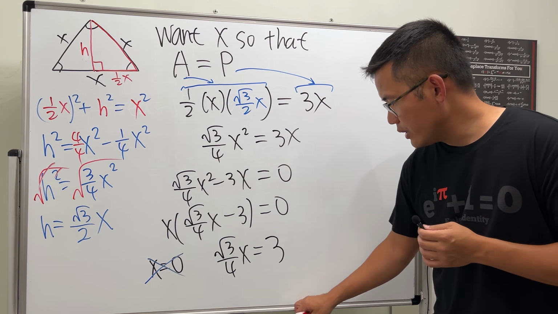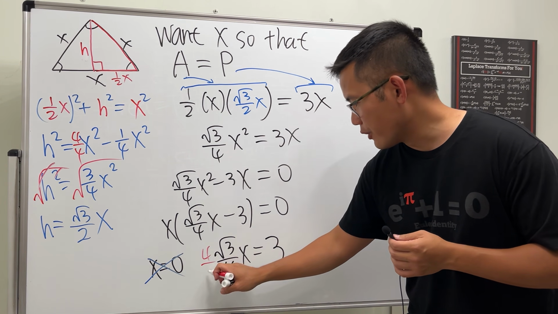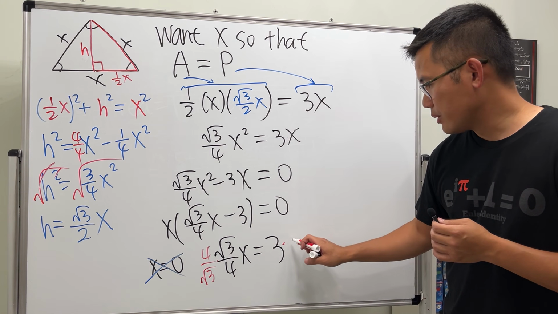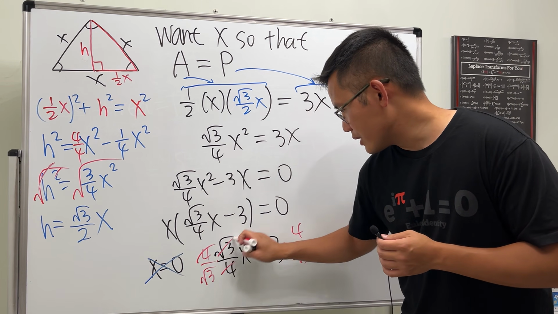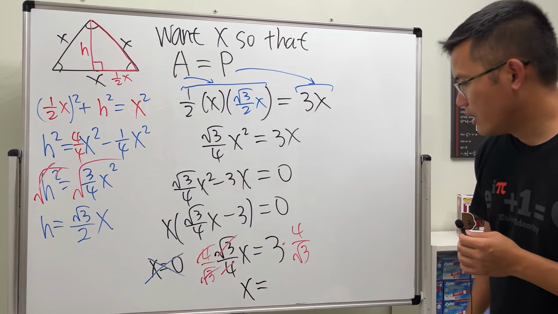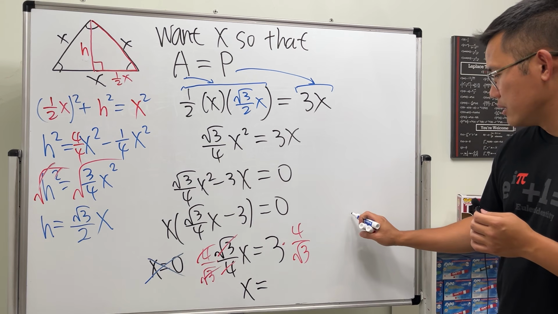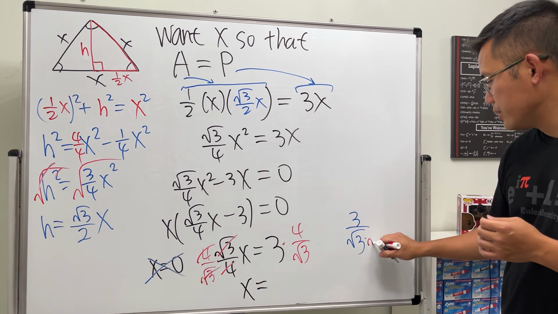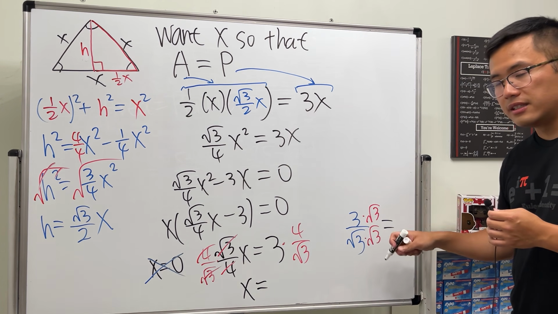And then just work this out. And to do so, we can multiply the top and bottom by 4. Well, actually multiply by the reciprocal here, 4 over square root of 3, and then multiply this by 4 over square root of 3. Cancel, cancel, cancel, cancel. x equals, okay, 3 over square root of 3. I will tell you this is equal to square root of 3 because we can rationalize the denominator.